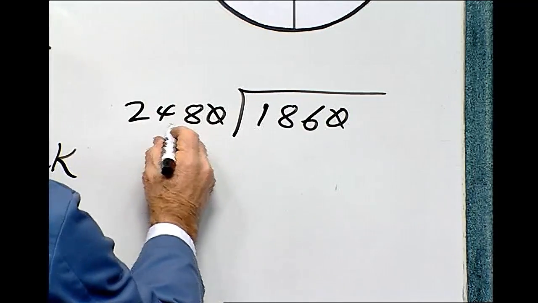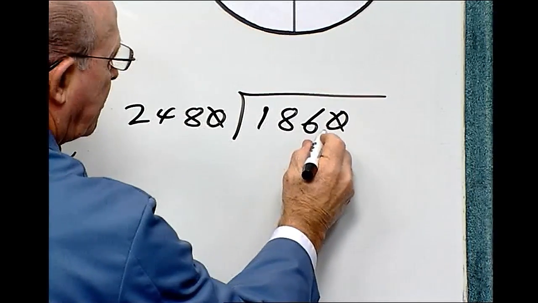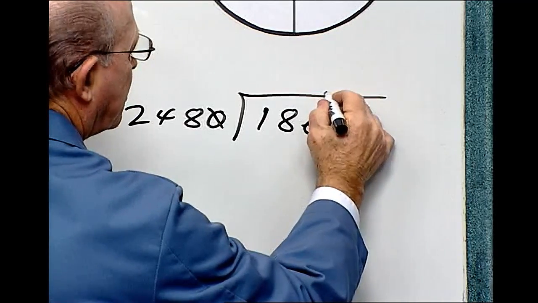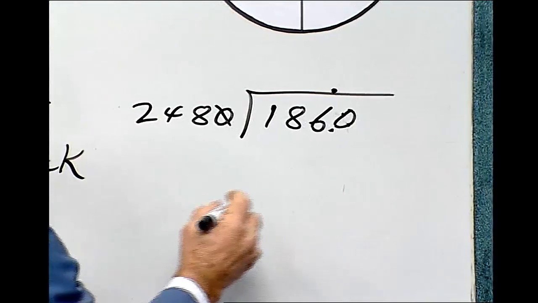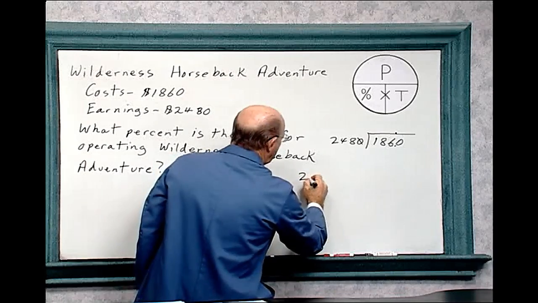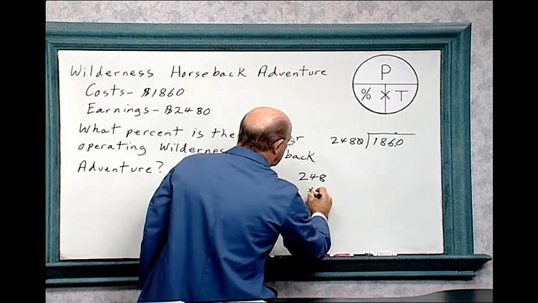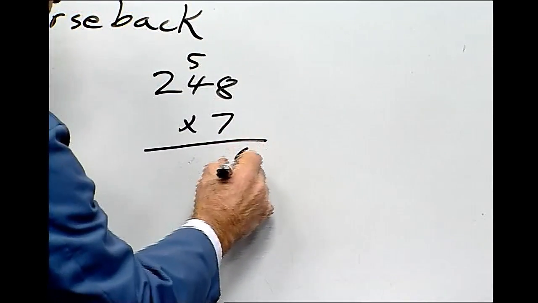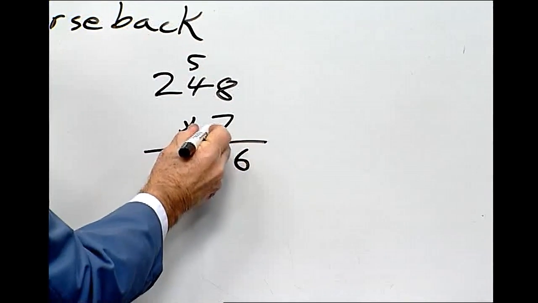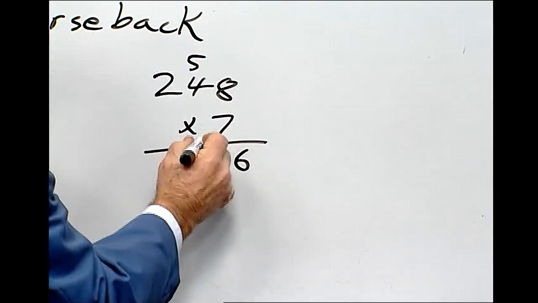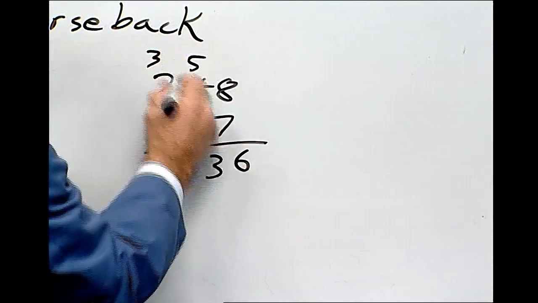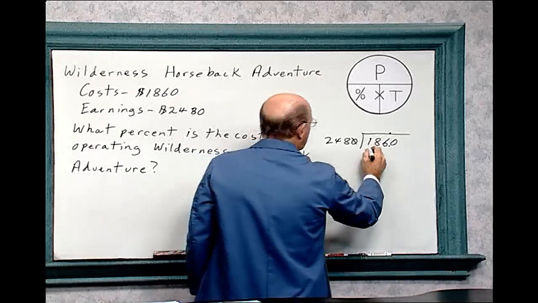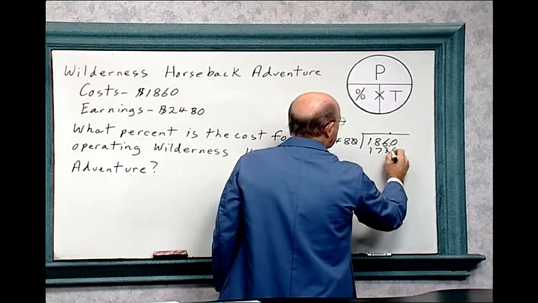Now we know 248 does not go into 186. So we're going to have to use this zero. So I'll just erase that mark that I put in there. Put the decimal point over here. That looks about 7 times, so it's 248 times 7. 7 times 8 is 56. 7 times 4 is 28 plus 5 is 33. 7 times 2 is 14 plus 3 is 17. 1736.